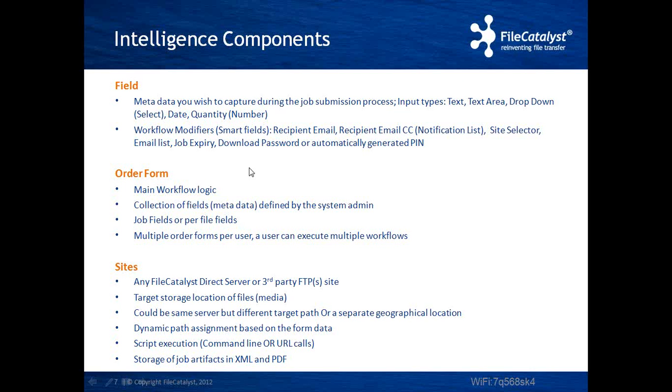Order forms are the main logic. This is where you combine all these fields, the information you want to capture, and the workflow you want to do, which allows you to really put your workflow together. For order forms, you have order forms per job, so you have one job-wide form, and you also have per-file order forms.